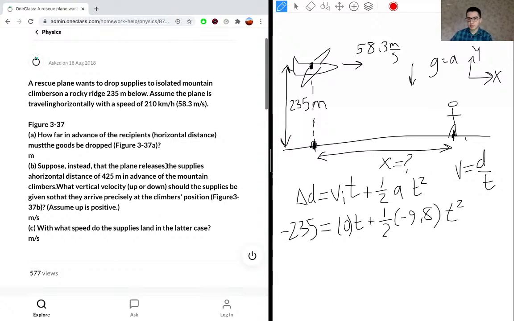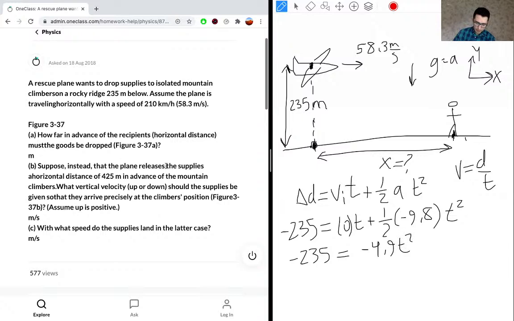So here we just have to solve for time. The reason we want to solve for time is because we can plug it into this equation, and we already know the velocity here because it's given as 58.3 meters per second. And we can solve for d, which is just x in this scenario. So we have negative 235 equals, a half times negative 9.8 is just negative 4.9 t squared.